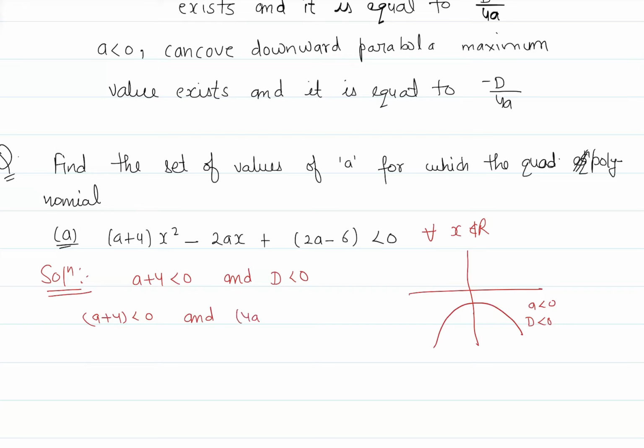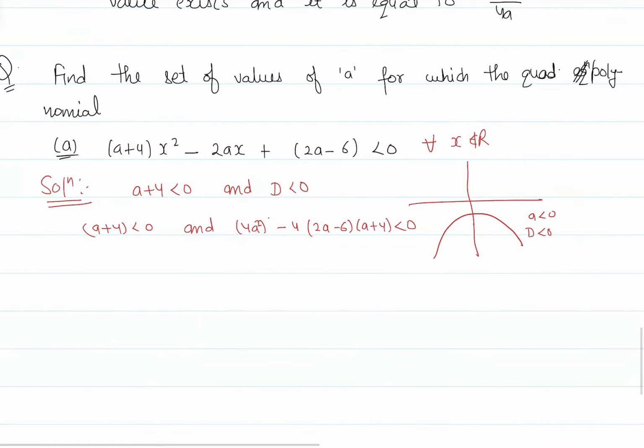It means 4a square minus 4 multiplied by (2a minus 6) multiplied by (a plus 4) is less than 0. Now if we simplify it, we get a less than minus 4 and 4a square minus 4 multiplied by (2a square plus 2a minus 24) is less than 0.